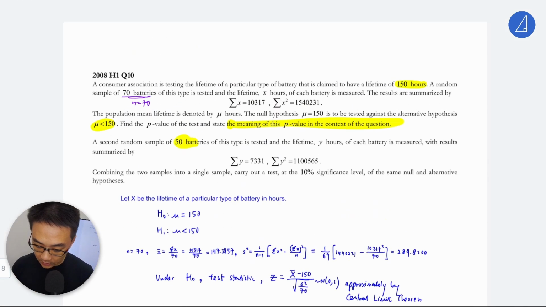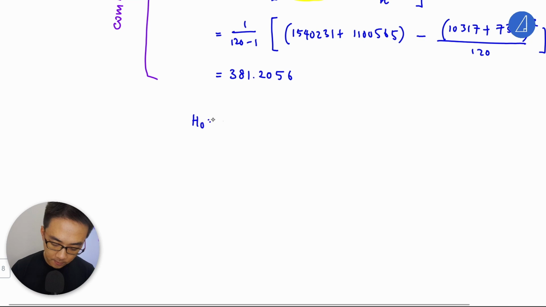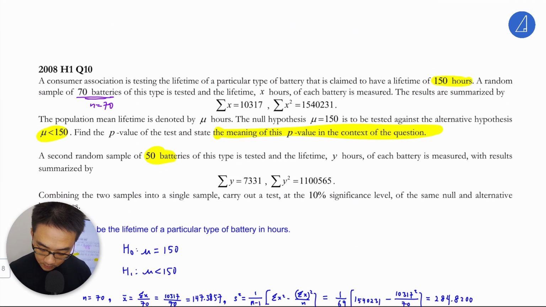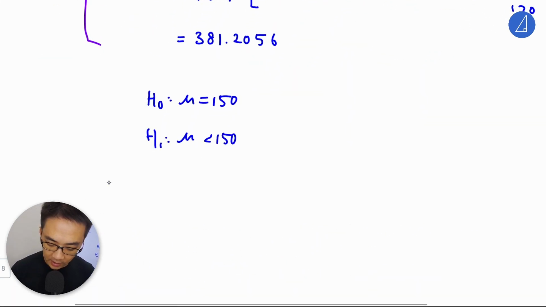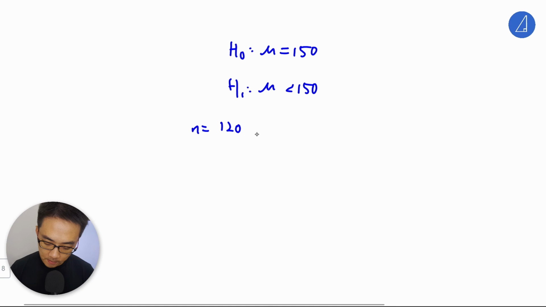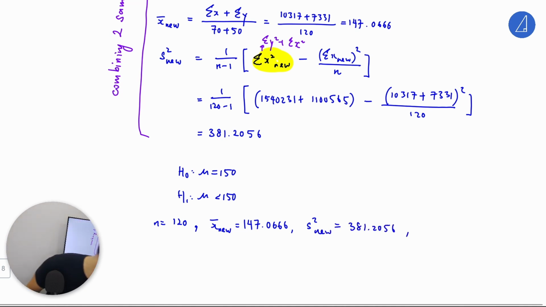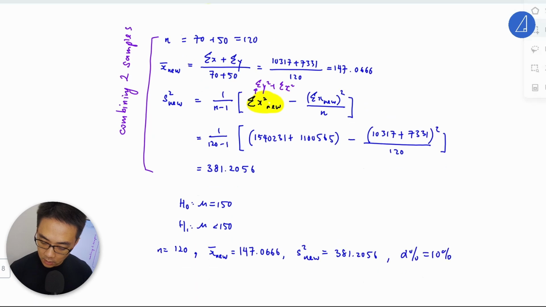If you combine two samples, you can then do the same test. The same test is just H null: mu is 150, H1: mu less than 150. Then n is equal to 120. Shouldn't be an issue.